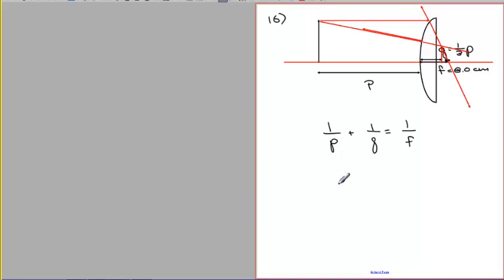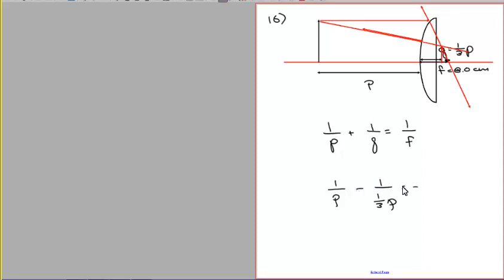So what we have is 1/P plus 1/Q, I'm just going to plug the numbers in, and we're actually solving for P. So we get 1/P plus 1/Q, but Q is 1/3 P. And we put a negative sign here because it's behind.